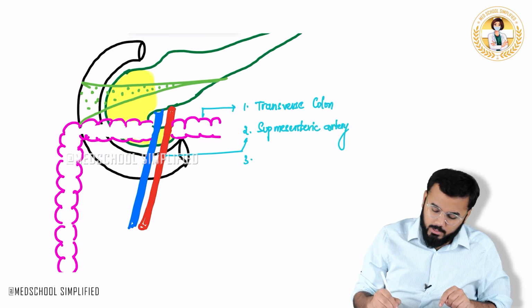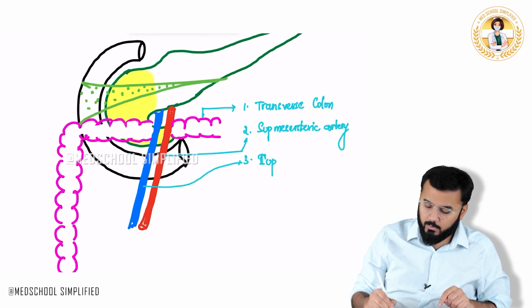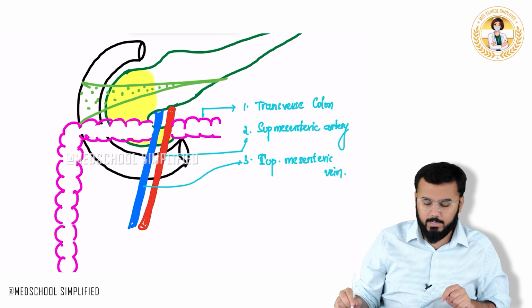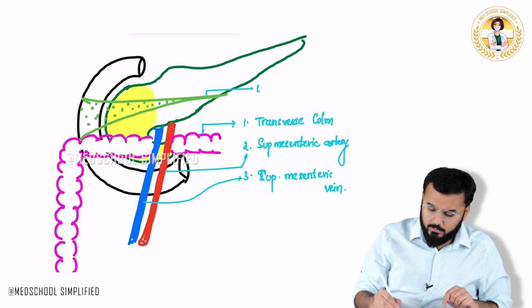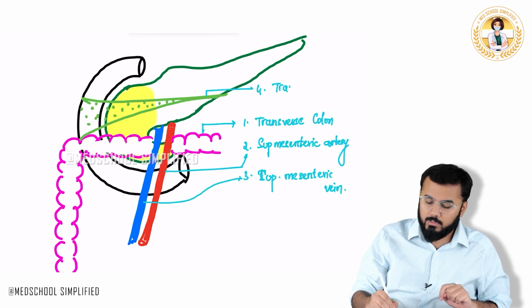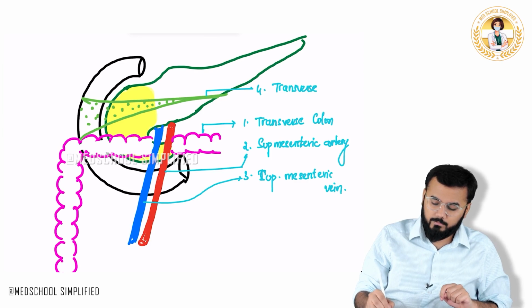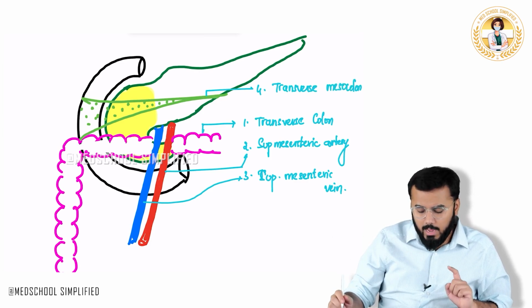The third important thing, this one over here, is your superior mesenteric vein. And not to forget, the fourth part is your transverse mesocolon. And one last part is there.